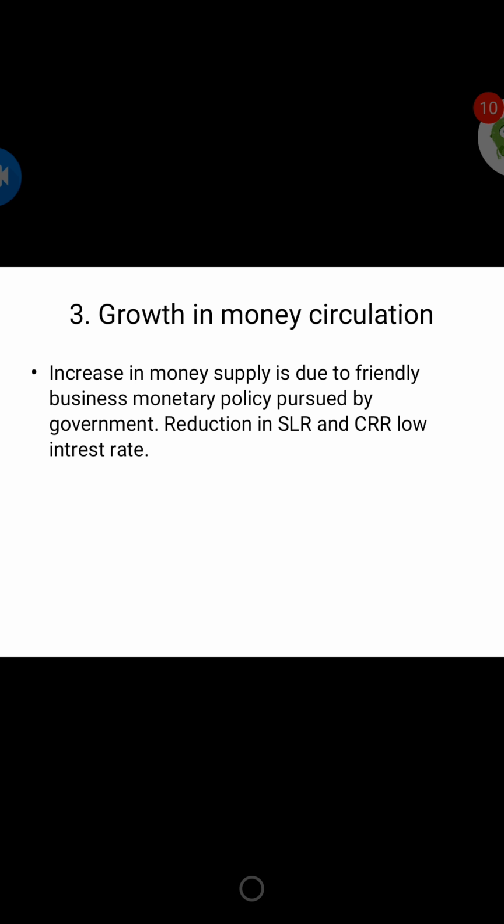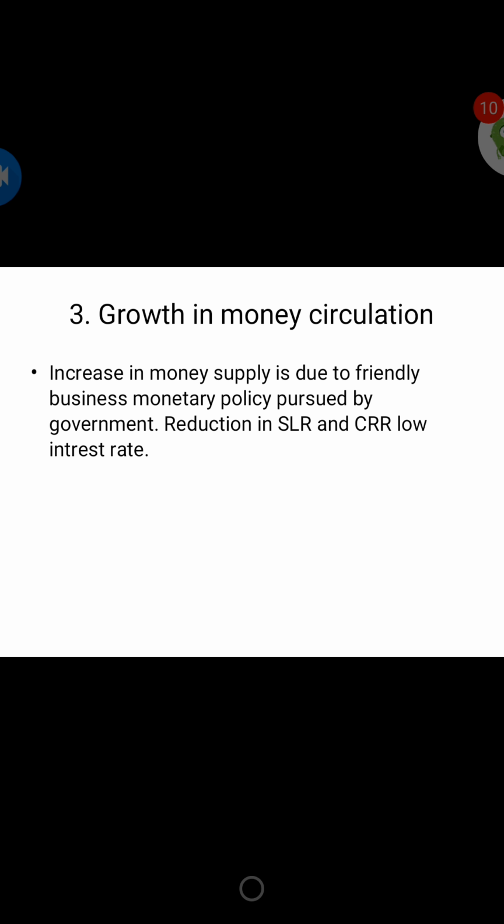The next is growth in money circulation. Money circulation means money movement, right? The supply of money increased. What happened? The business-friendly monetary policy pursued by the government.